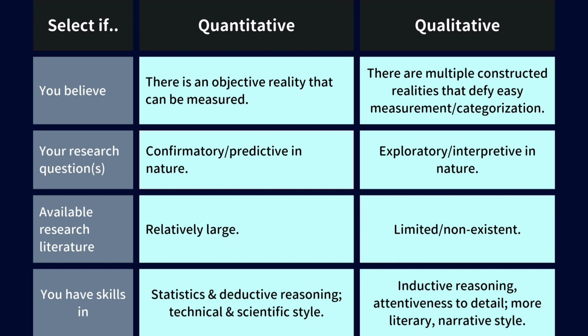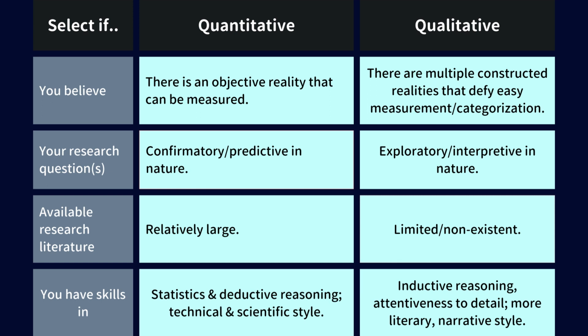In contrast, the qualitative paradigm is actually based on interpretivism and also constructivism. Ontologically speaking, there are multiple realities or multiple truths based on one's construction of reality. Reality is socially constructed, and so is constantly changing.